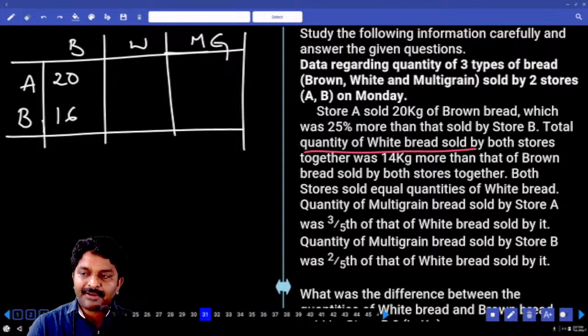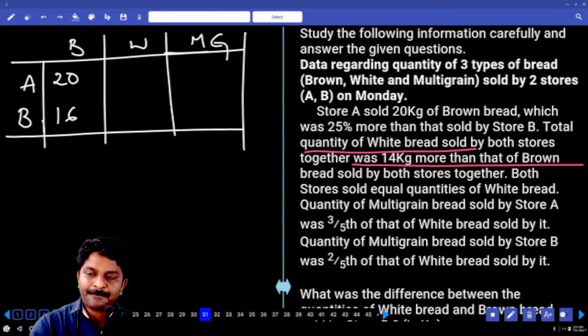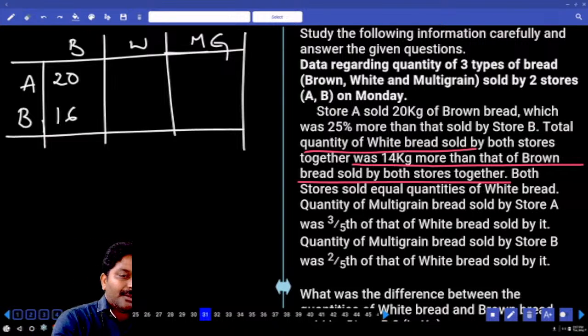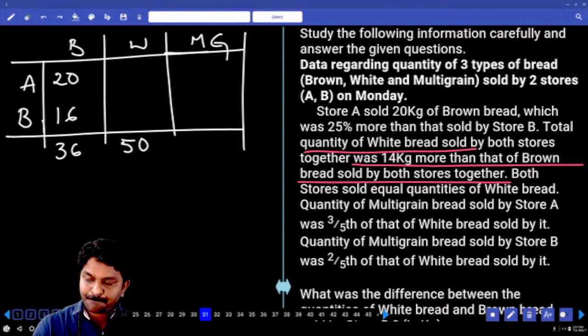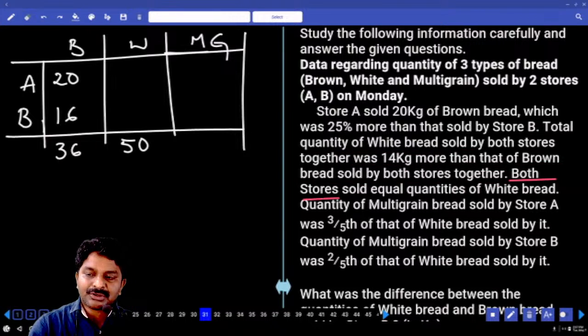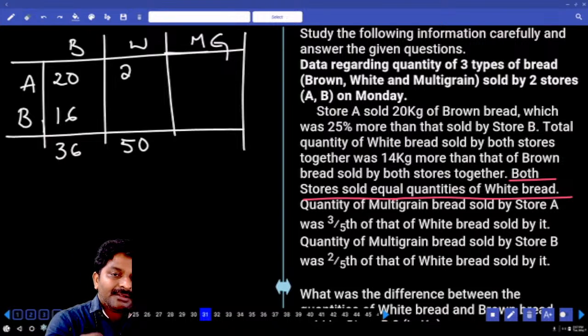Total quantity of white bread sold by both stores together was 14 kgs more than brown bread sold by both stores together. Brown bread, both stores together, is 36. 14 more is 50 white bread. Both stores sold equal quantities of white bread, that means 25 each.